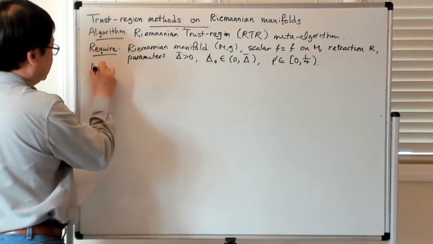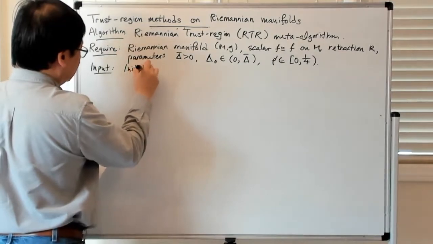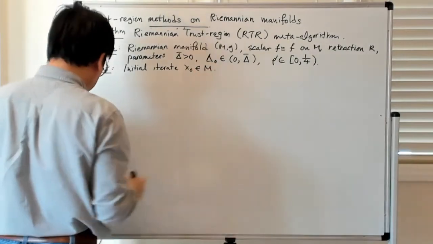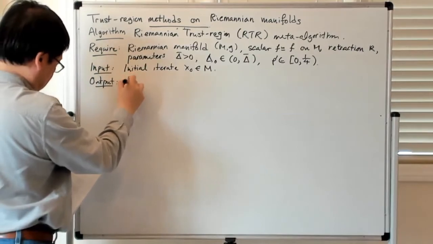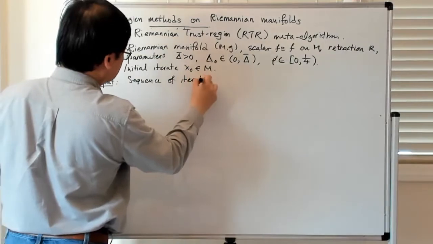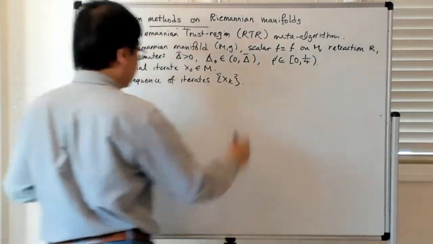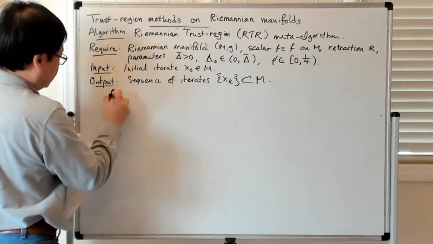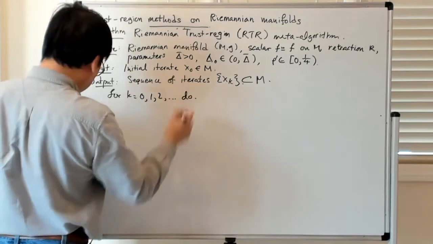And then the input is obviously the initial iterate, x0 in M. Okay, and the output is a sequence of iterates, let's say xk, which is contained in M. Okay, so for k equals 0, 1, 2, and so on, you do the following.